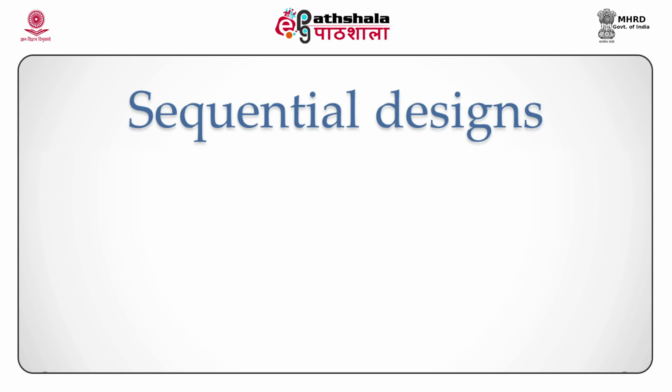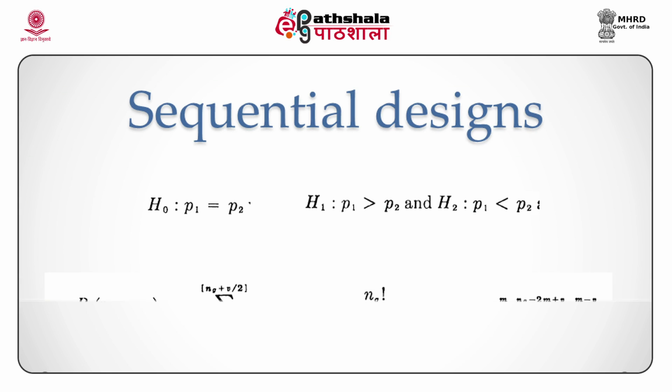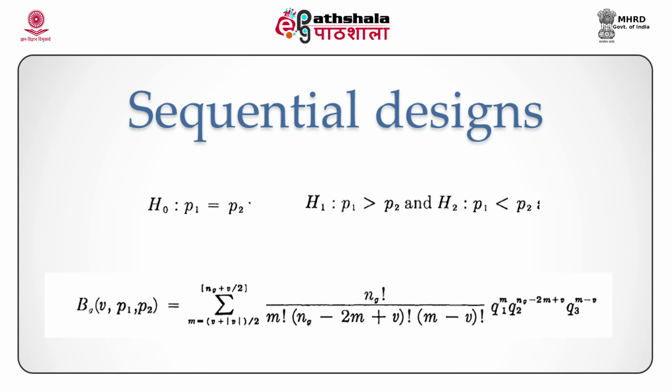Let S be the sum of the random variables for any given stage G with n_nu pairs. The probability that S_nu is equal to n for given values P1 and P2 is then determined by the sum of trinomial terms which have been given on this slide.